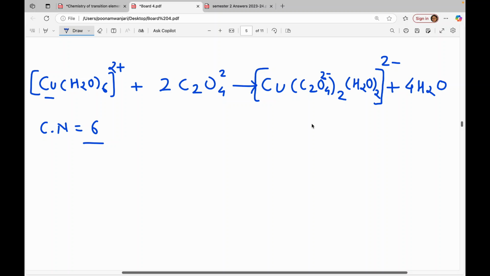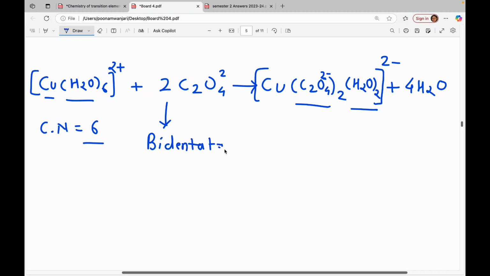Now student, our aim is to calculate the new coordination number. So here we need to break down these ligands, as well as understand the nature of the ligand. As we know, water is a monodentate ligand, but at the same time the ethanedioate ion, also called the oxalate ion, is a bidentate ligand.